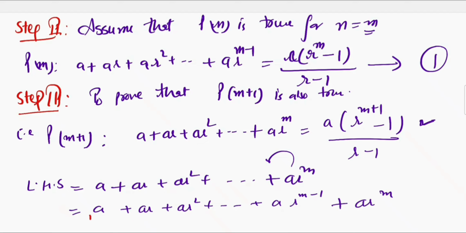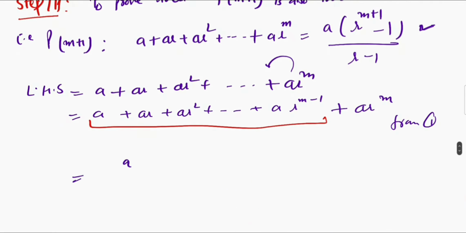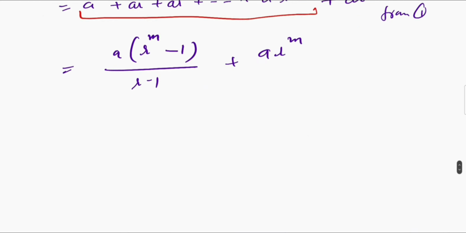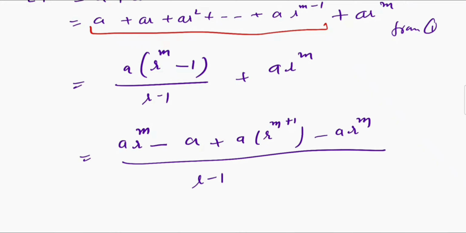From equation 1, this whole thing is equal to a(r^m - 1) divided by (r - 1), plus ar^m. So this will become ar^m minus a plus ar^(m+1) minus ar^m, divided by r minus 1.